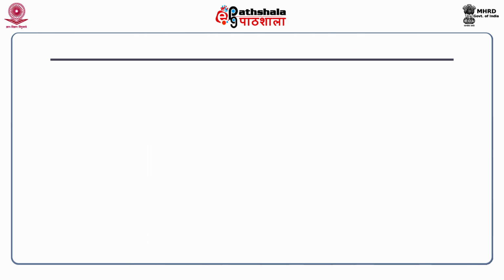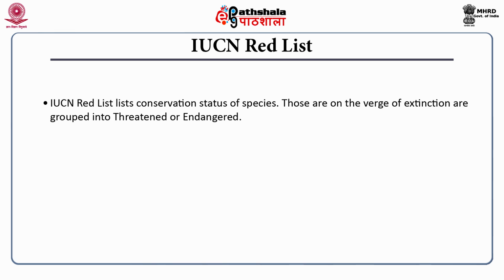biodiversity hotspot. So, IUCN has come up with the red list, that enlists the conservation status of species. Whether the species is vulnerable, threatened or extinct, all these different labels are given to different species that are on the verge of extinction in the IUCN red list.